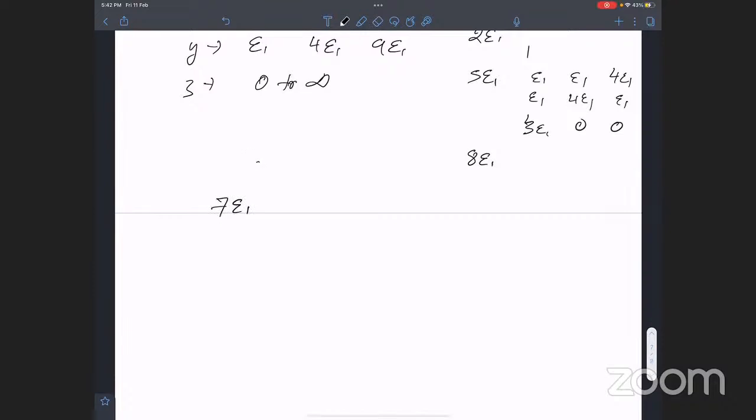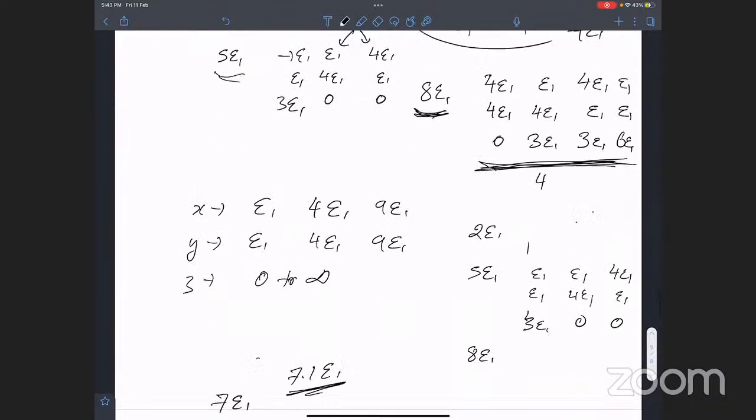We want to find out, at energy 7E1, how many available states are there? We're calculating density of states. Now, what is density of states? The number of available states. So how do you calculate the number of available states? That is what we are doing here.